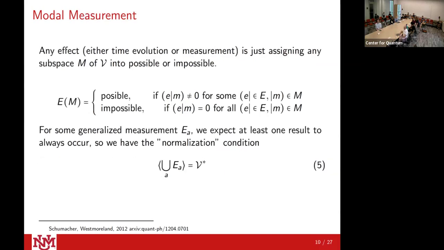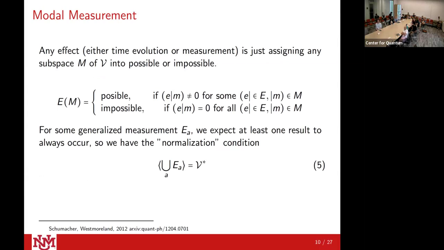What is measurement exactly? Well, again, it's just assigning your modal subspace into possible or impossible. So I can do some measurement and it's possible if for some effect in E we have some non-zero inner product, and otherwise it's impossible.